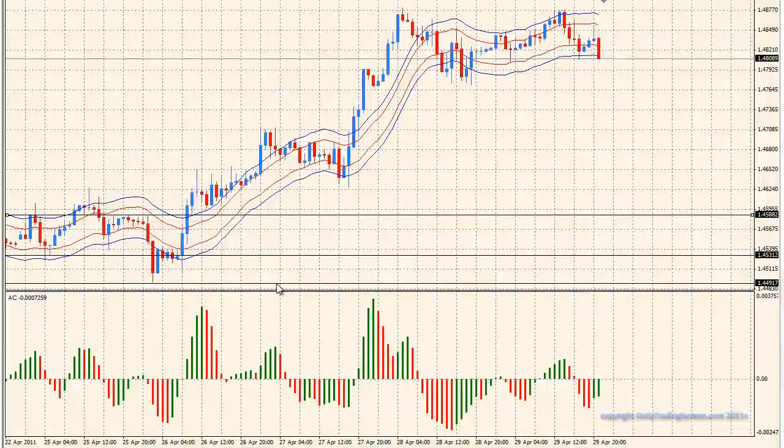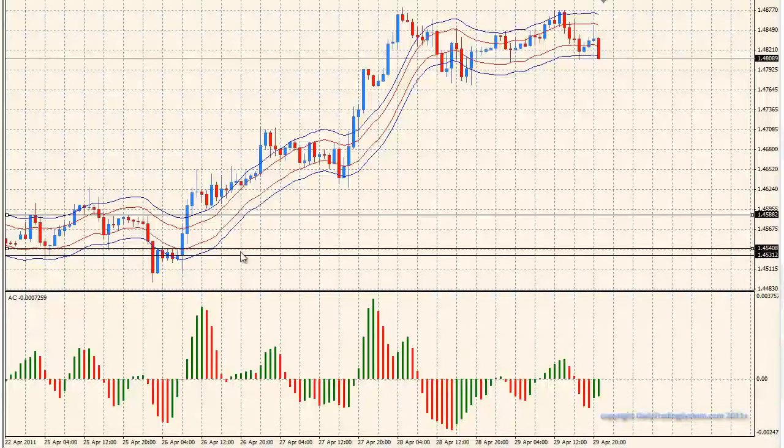What I would do is move my stop loss to break even, or bring it up to the first area of the inside of that red band right there. That way, if the market reverses, you'll always make some money out of it.